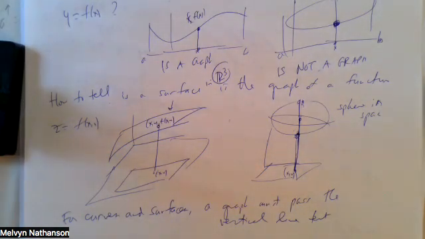Right? And any curve in the plane which passes the vertical line test is the graph of a function. And any surface in space that passes the vertical line test also is the graph of a function.